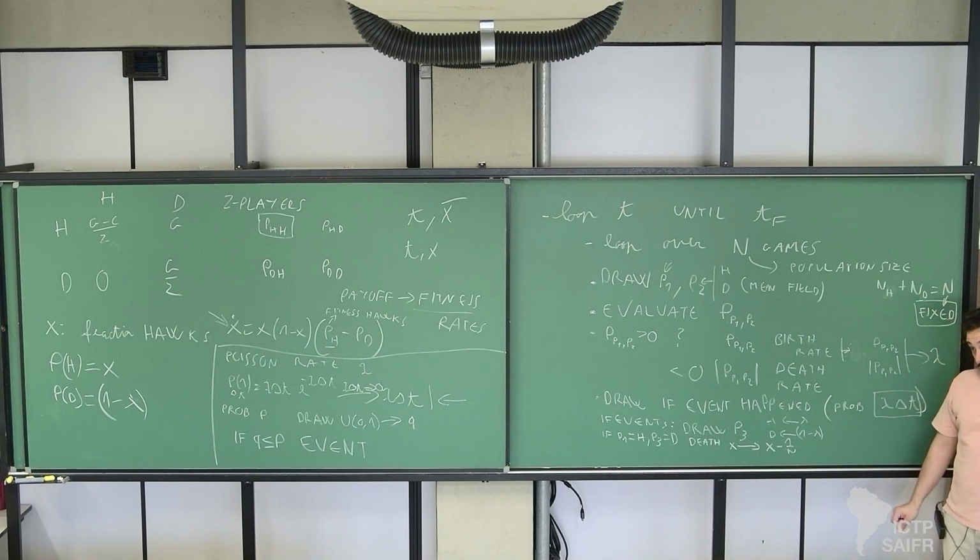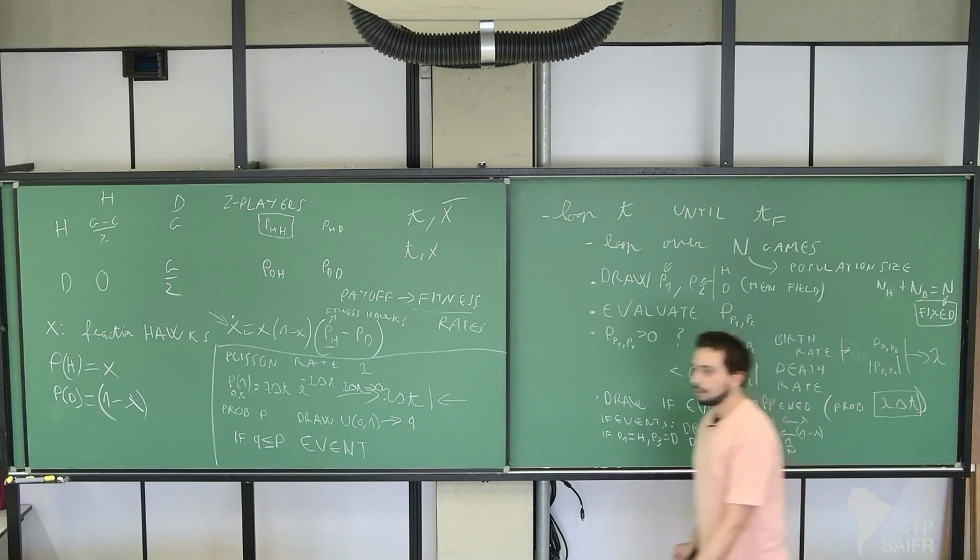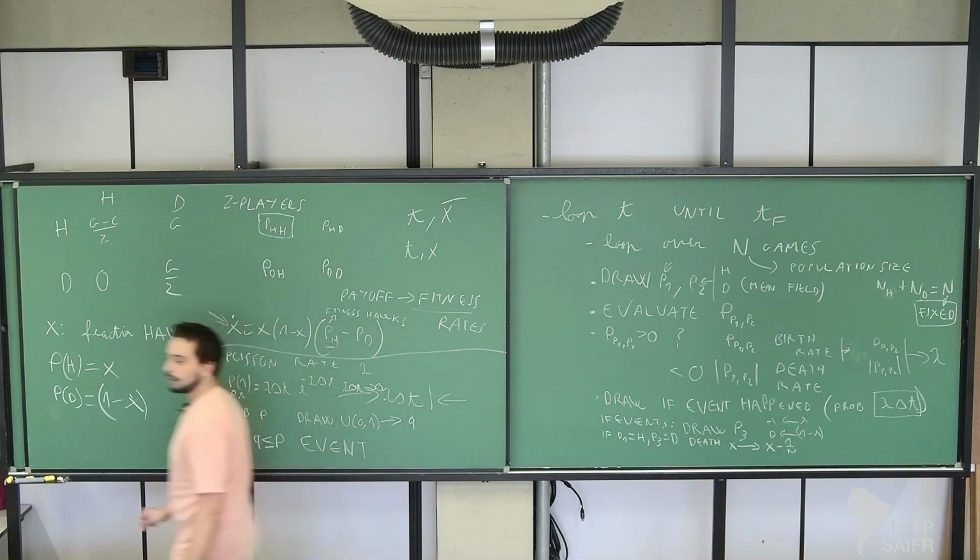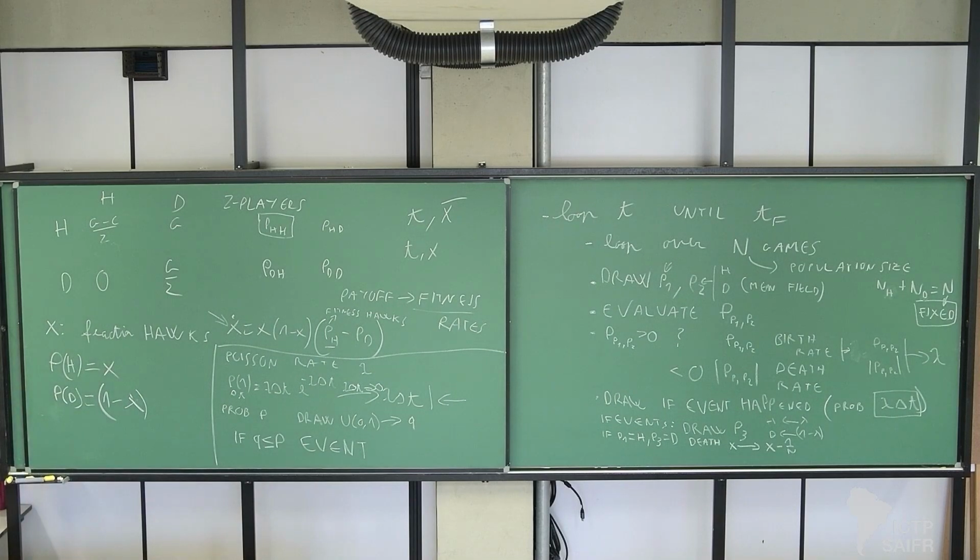Yes, question there. Just to clarify a little bit of the vocabulary, you're calling this one player 3, but it's simply the other individual in the population that you're going to select for the update rule. That's correct. That's kind of birth or death.